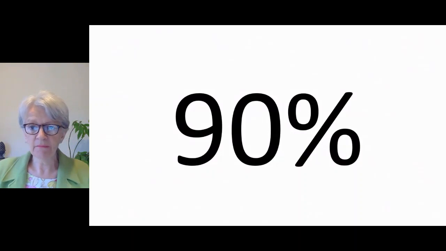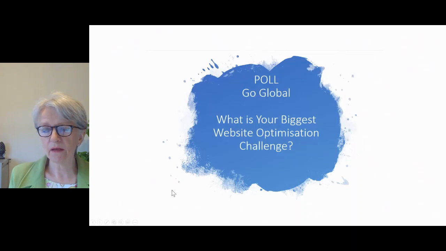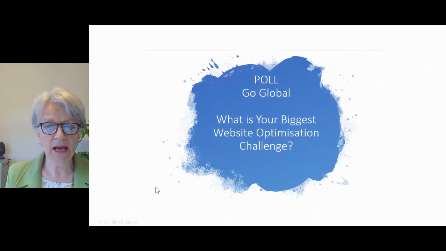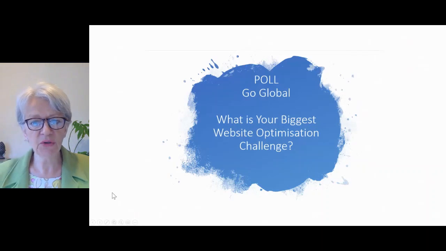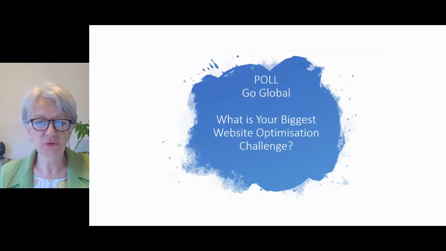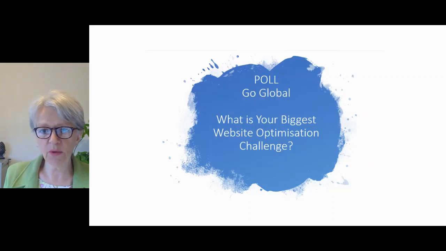So I am now going to ask Amanda to take our poll live. We've got a couple of questions here for you, and I would invite you please to access the live poll and have a look at the different questions there.